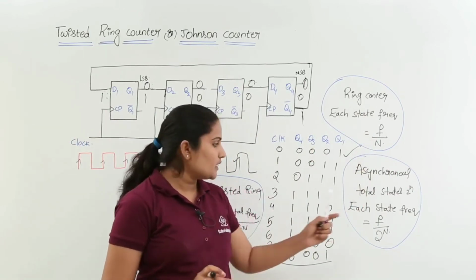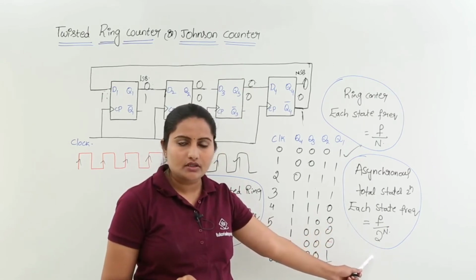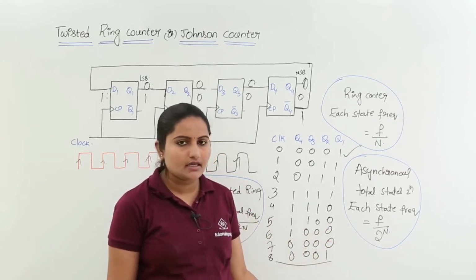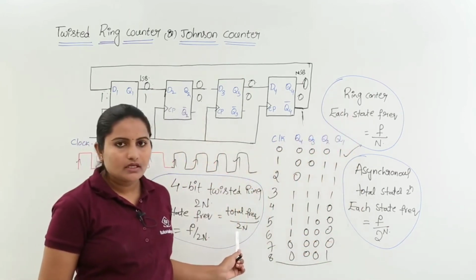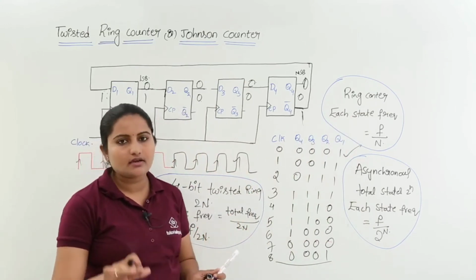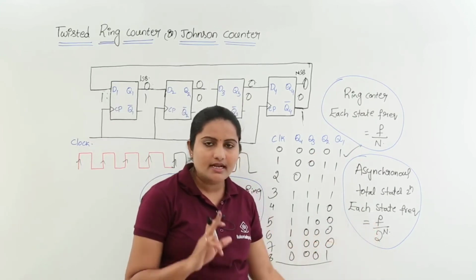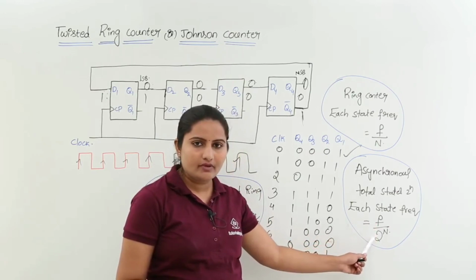So what is the each state frequency for an asynchronous or basic synchronous counter? They are asking for synchronous counters like the ring counter or Johnson counter. So they are asking ring counter and Johnson counter under synchronous counters. Obviously, for asynchronous, the number of states is 2 power n and the each state frequency formula will be like this.